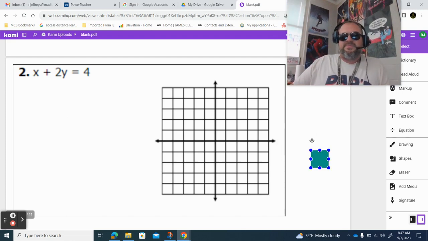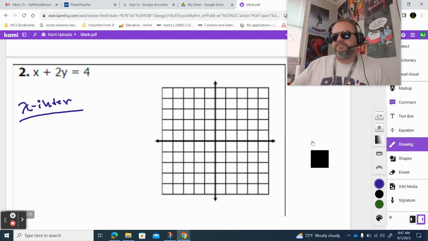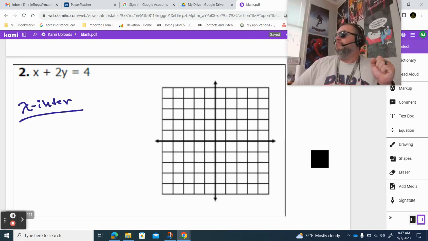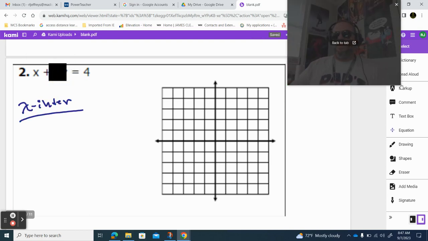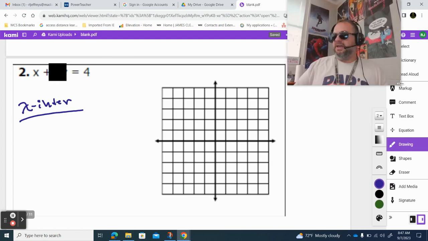Okay. All right. Let's find the x-intercept. To do so, what do we need to do? Yeah, we cover up the y, just the letter. Now, we have to solve what is left.